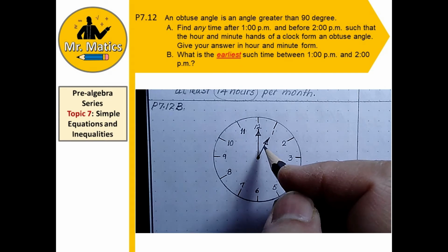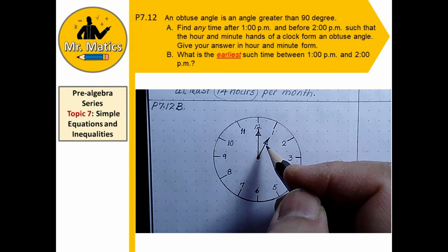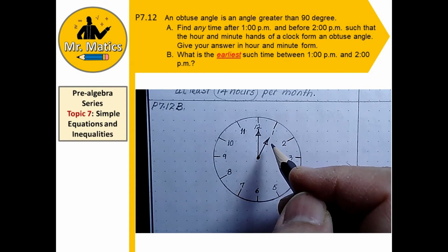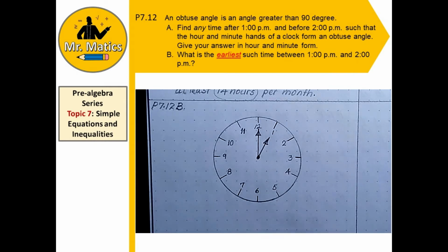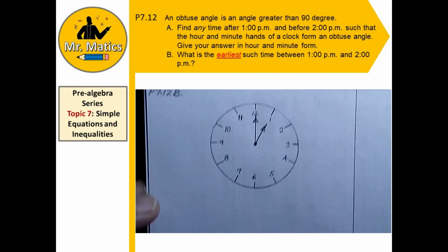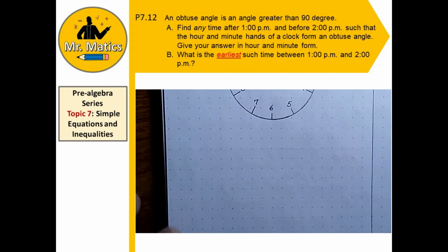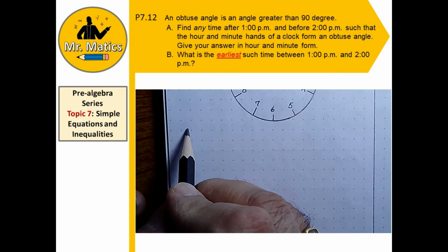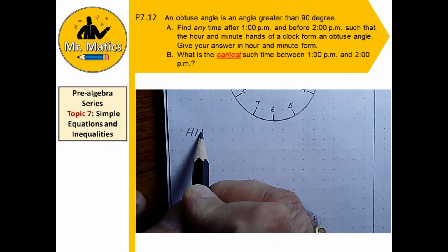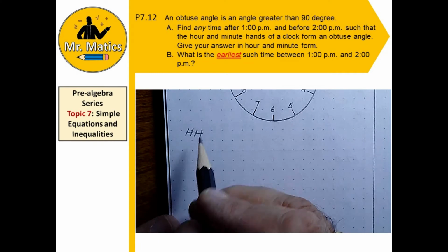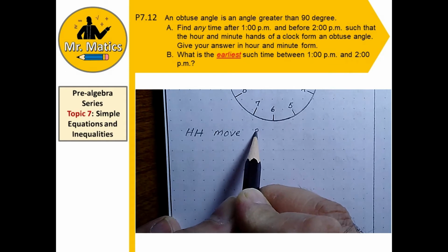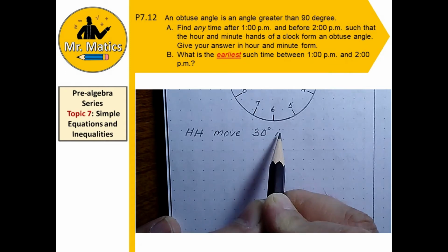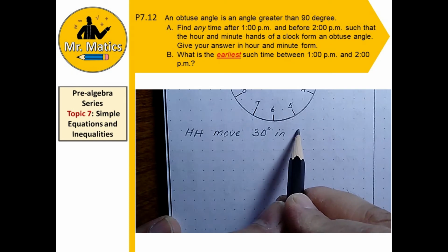As time proceeds, the hour hand is moving to the right, but at a slower pace than the minute hand. So let's compare the speeds. The hour hand, HH in short, moves 30 degrees in 1 hour or 60 minutes.